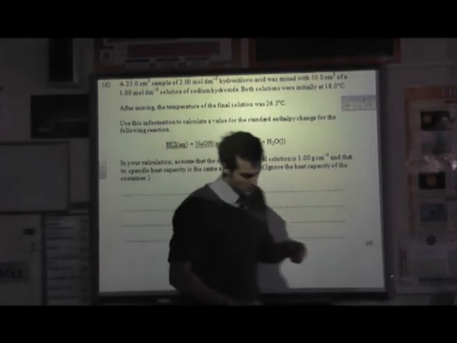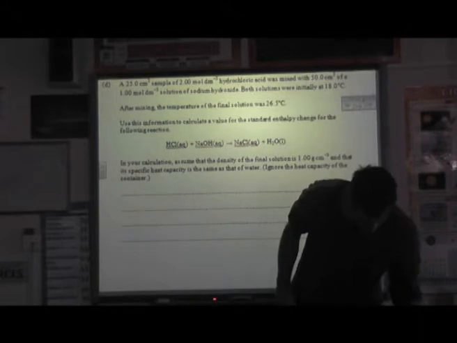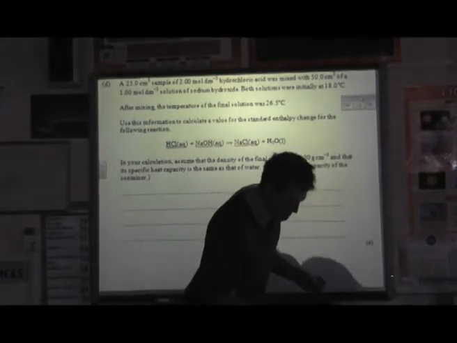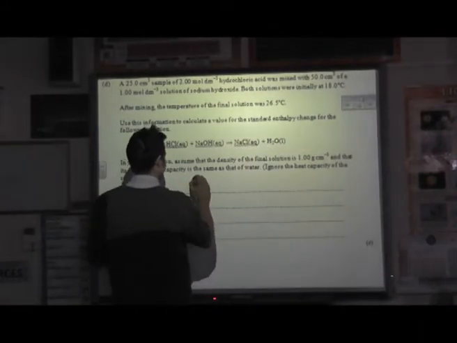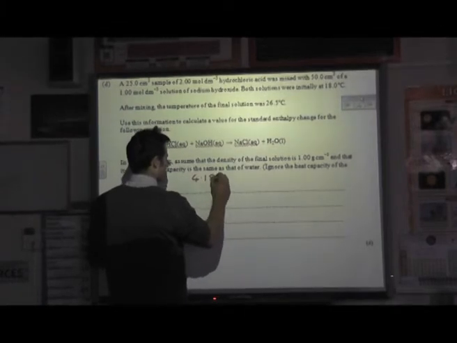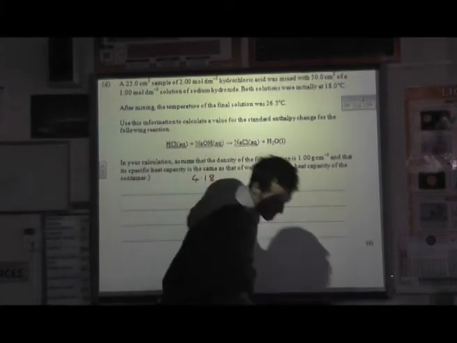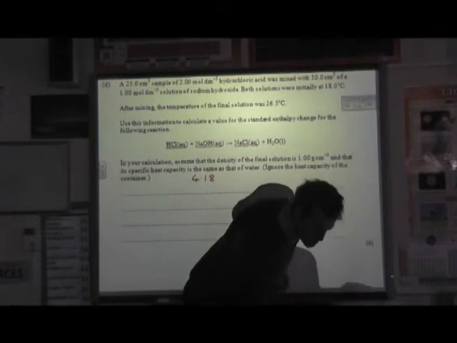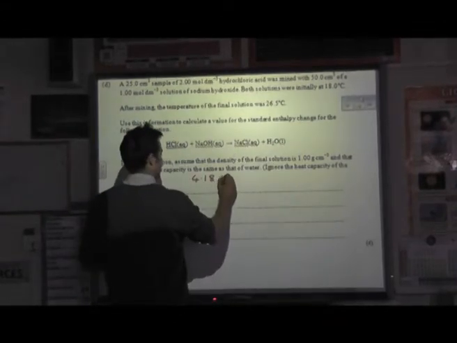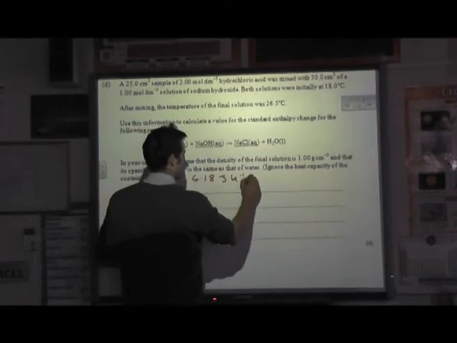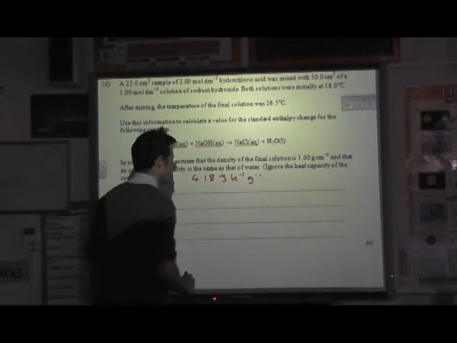So specific heat capacity of water is 4.18 kilojoules per mole per Kelvin, isn't it? Joules per Kelvin per gram, sorry. Yeah, that makes sense.